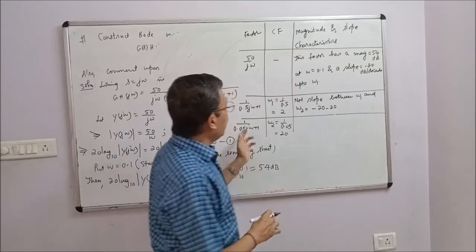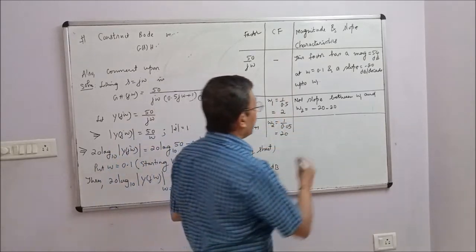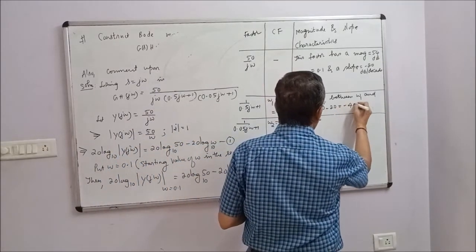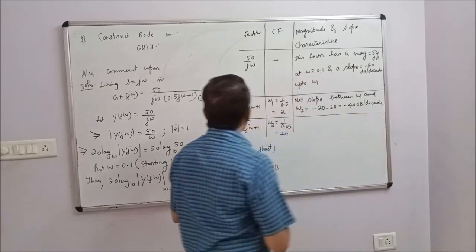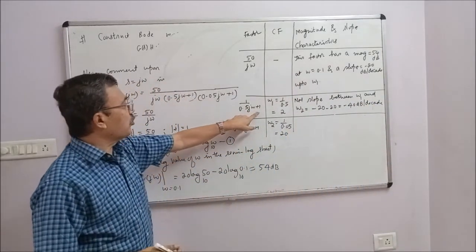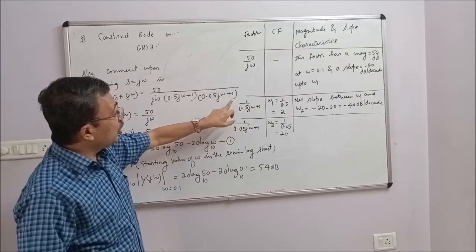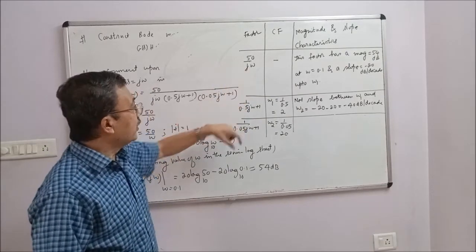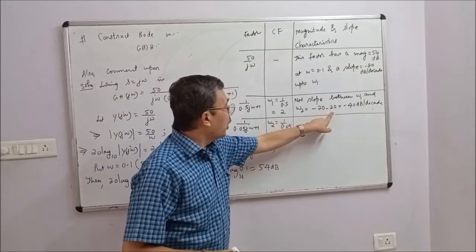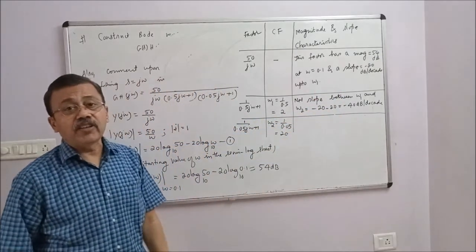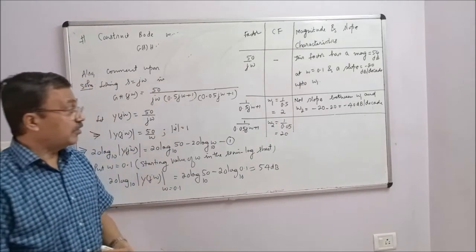Beyond means till omega 2. Minus 20 minus 20 is minus 40 decibels per decade. Instead of 0.5 j omega plus 1, if you had 0.5 j omega plus 1 whole square, then this would have added minus 40. Minus 20 minus 40 would have become minus 60 decibels per decade in that case.